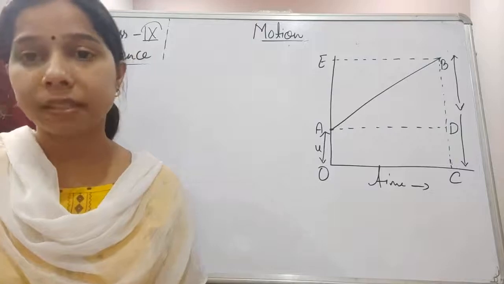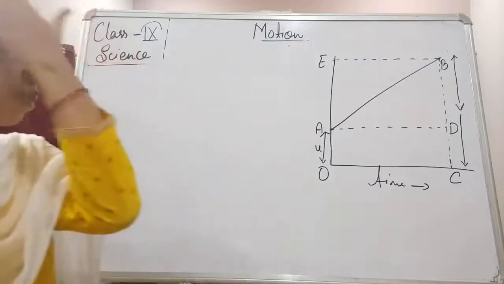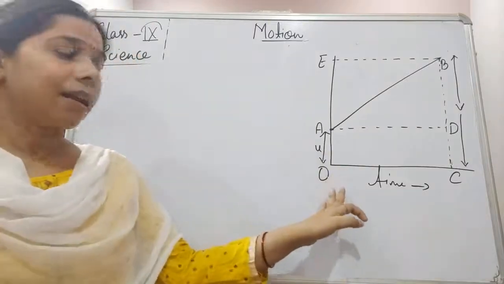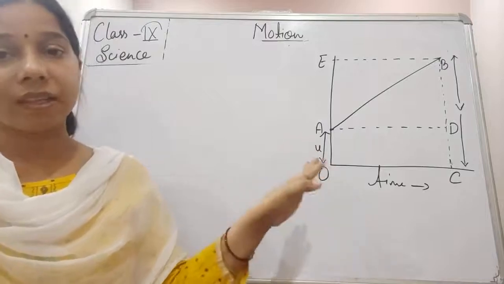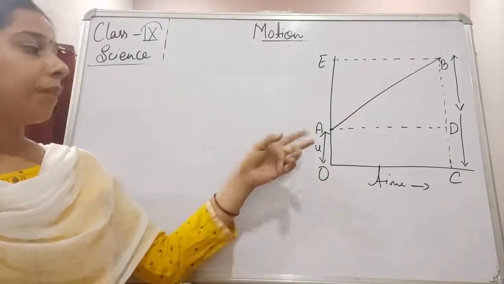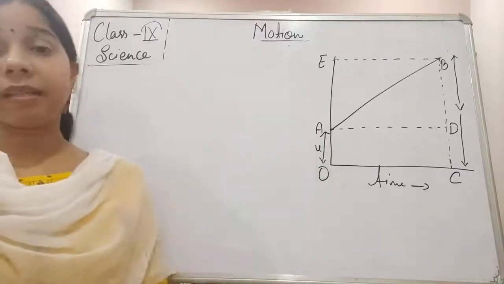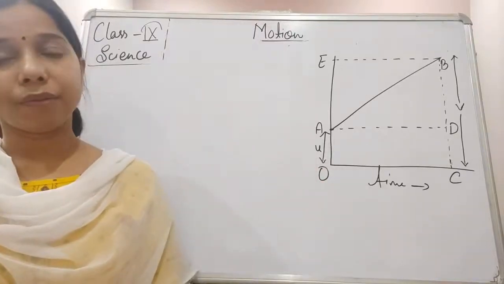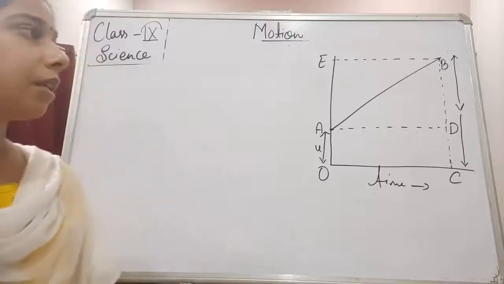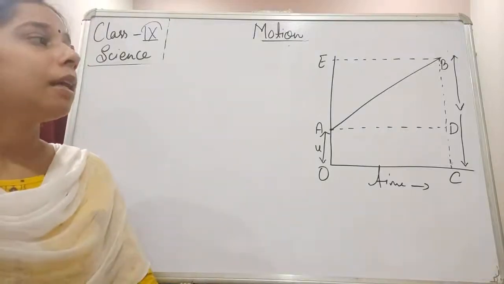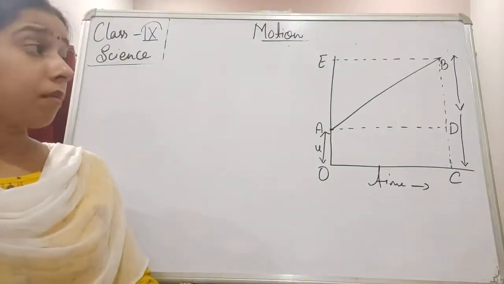This is the velocity-time graph, students, in which you will find that an object which had some initial velocity reaches A, and then from A to B it gets accelerated. It shows uniform acceleration, due to which there is a straight line.